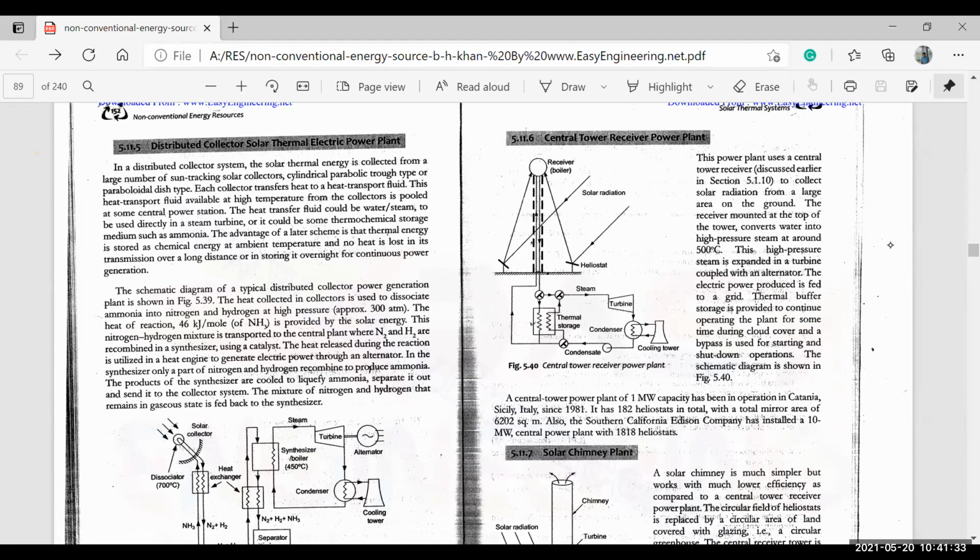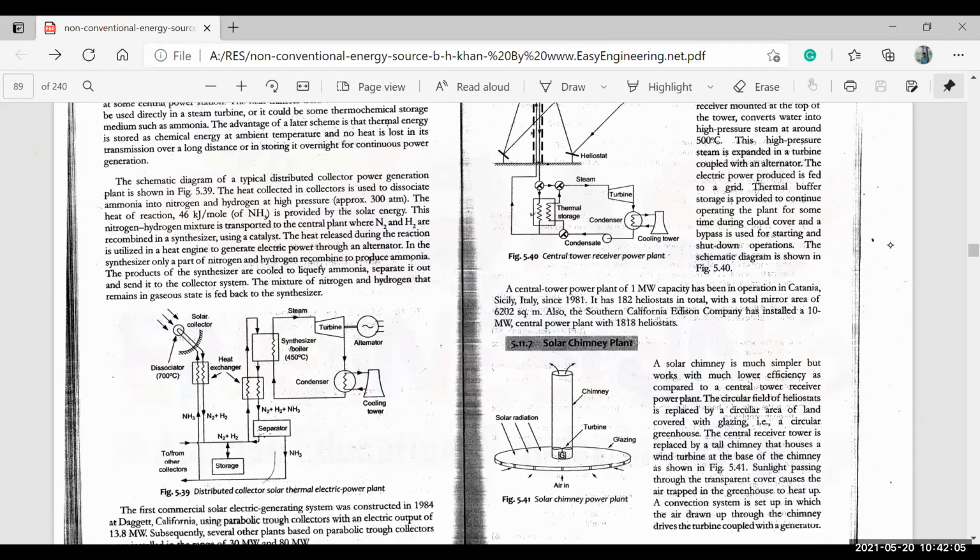This converts the part into hot water or steam, and striking at this thermal storage it is converted into steam, and the turbine is moved. It is high pressure steam at around 500 degrees Celsius. So this is one kind.